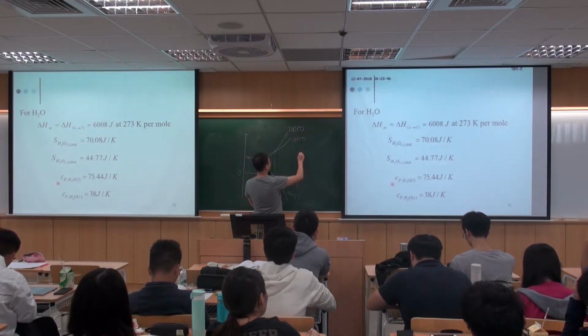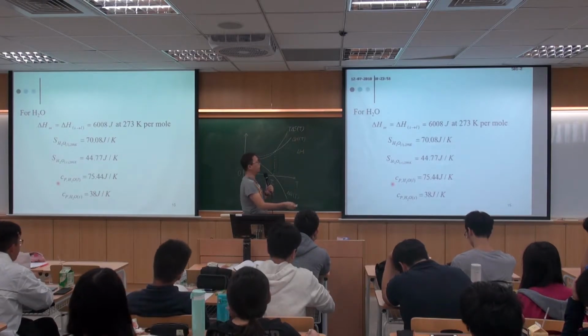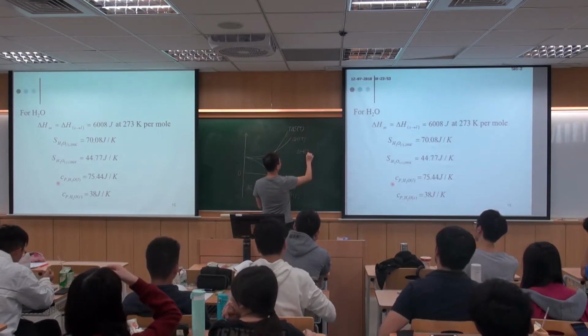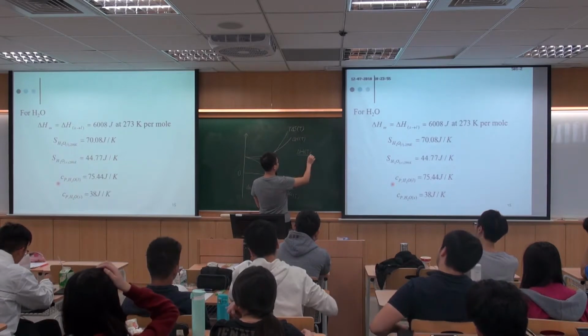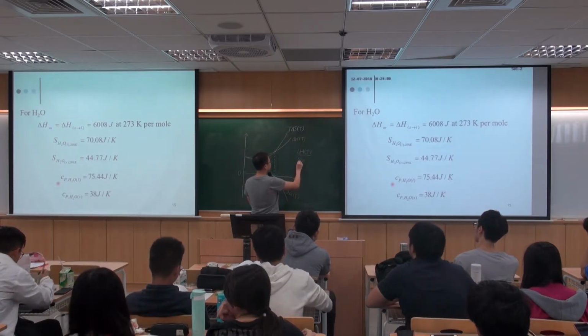So as long as you have delta H at some certain temperature, then you should be able to estimate delta H as a function of T, as long as you have the information of, let's say, delta Cp.